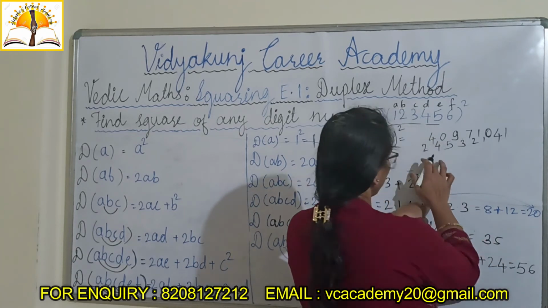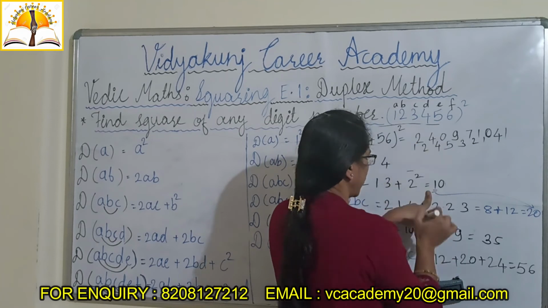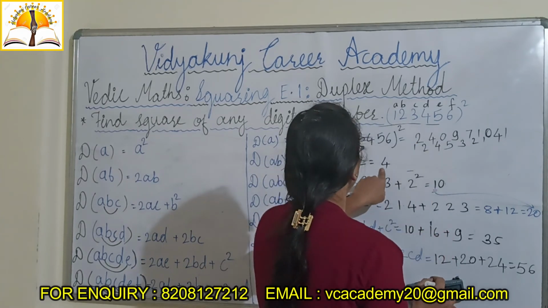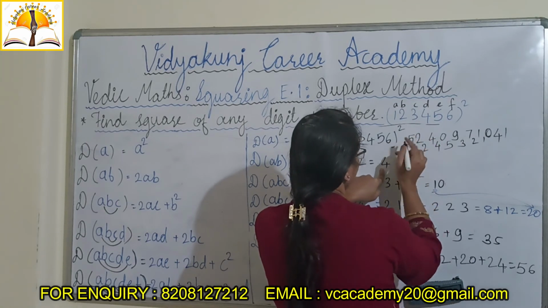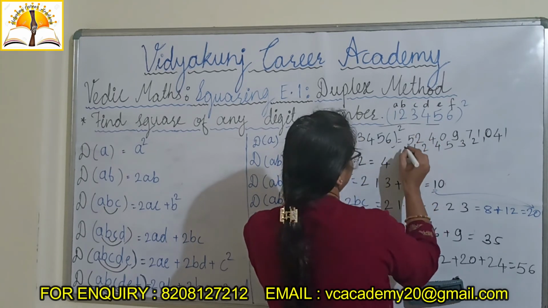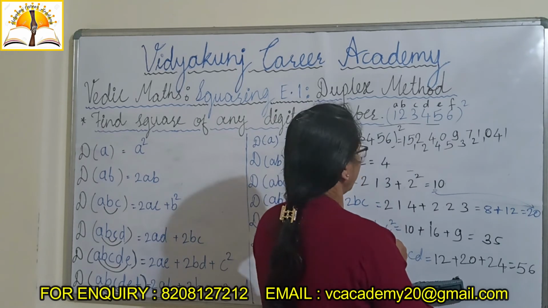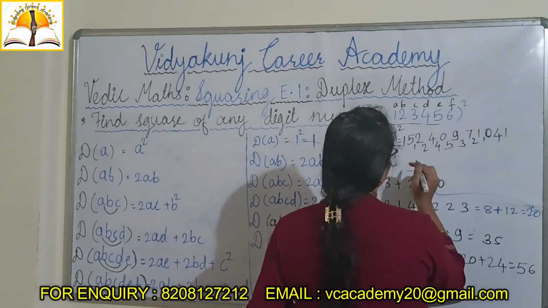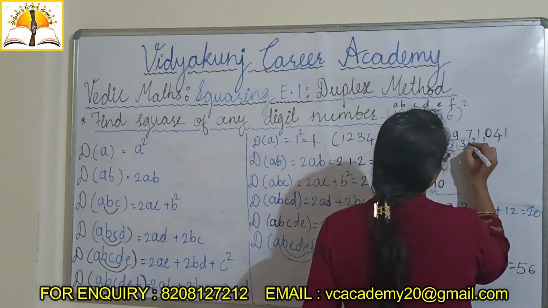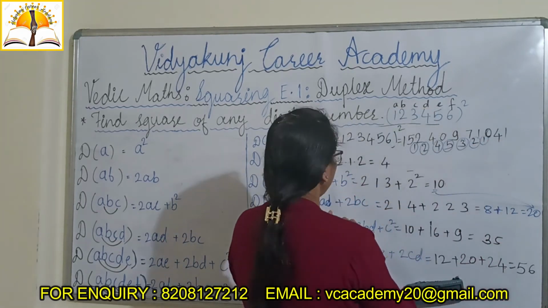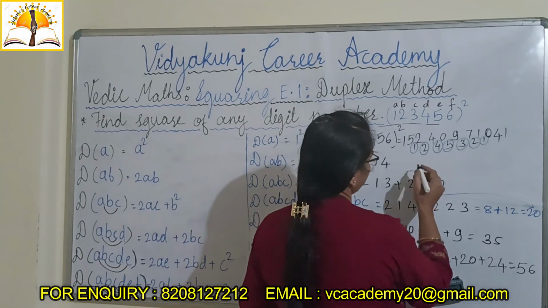Here 10. 10 plus 2, 12. 1 carry. And 4. 4 plus 1, 5. Here 1 as it is. Yes. I will write here the below number. Okay. I will circle these carry numbers. Okay. Then I will write here its answer.